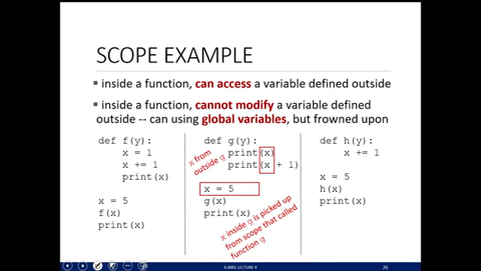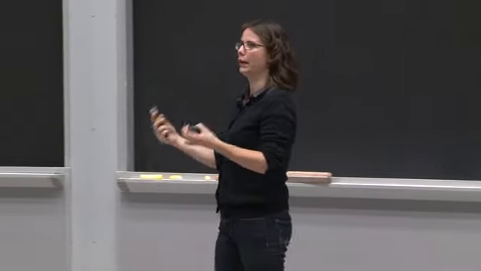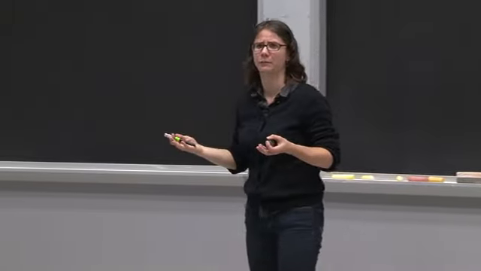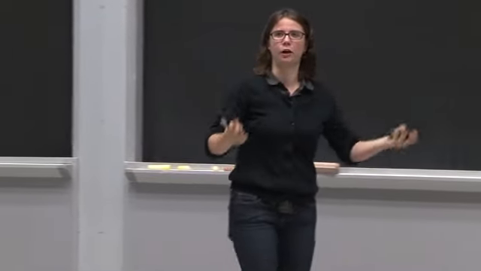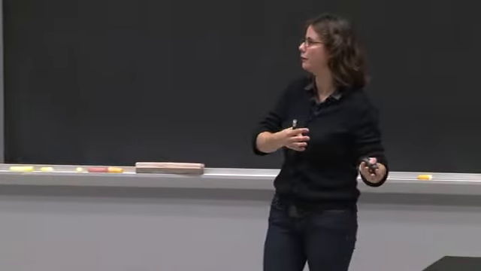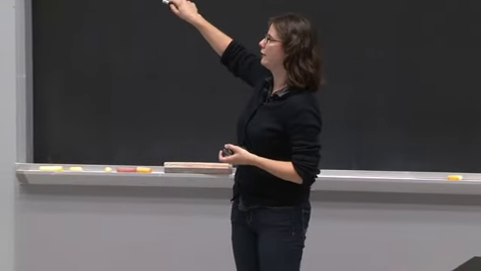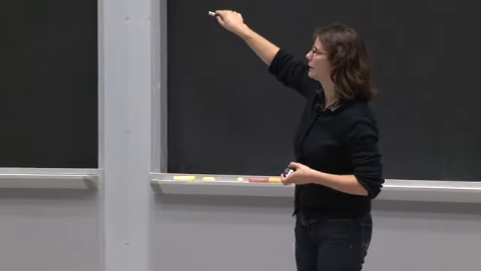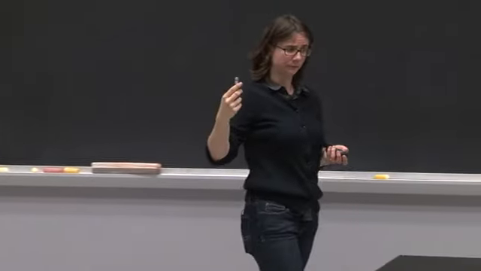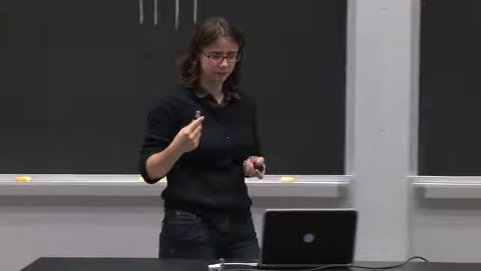So this does not give you an error. In fact, it's OK for you to do this in Python. Python says, OK, I'm in this scope, but I don't have a variable named x. So let me just go into the scope of whoever called me. So I'm going to just temporarily hop out of this scope and see, is there a variable x outside of me? And it'll find this variable x here, and it's going to print out its value. So that's OK.